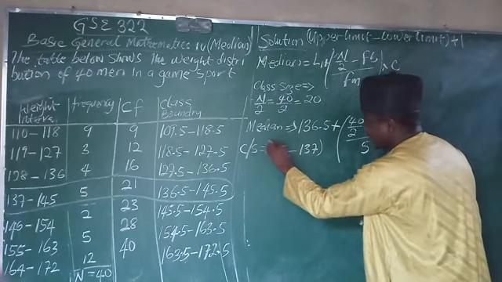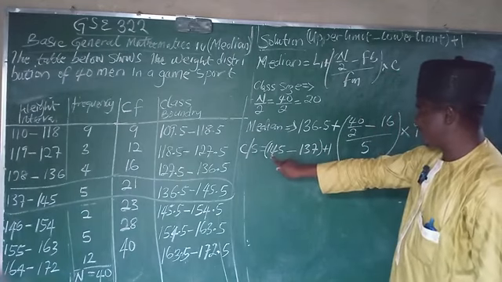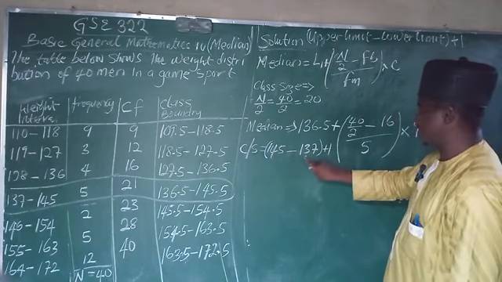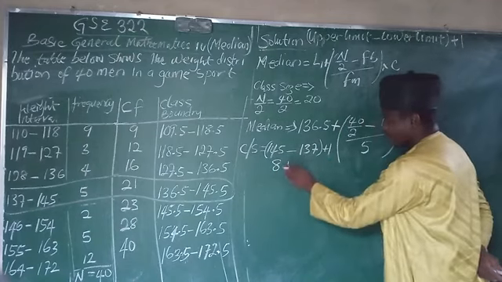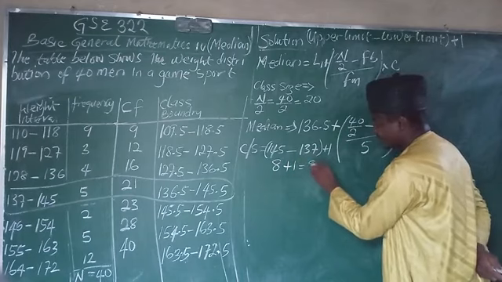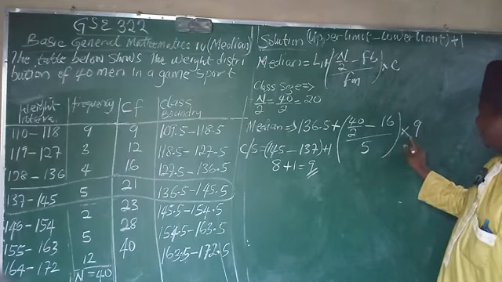Then we close the bracket and say plus 1. 145 minus 137 will give us 8, plus this 1, which is equal to 9. Therefore, our class size is 9.